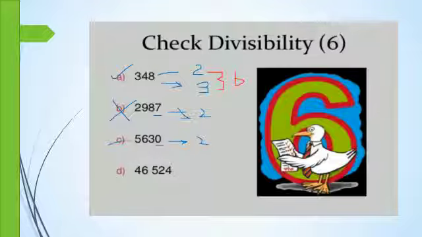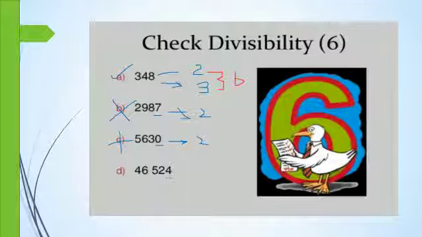So it is divisible by 2 but not divisible by 3, so we will say that it is not divisible by 6. For divisibility by 6, it must be divisible by 2 and 3 both. Now we will check the divisibility test of D.